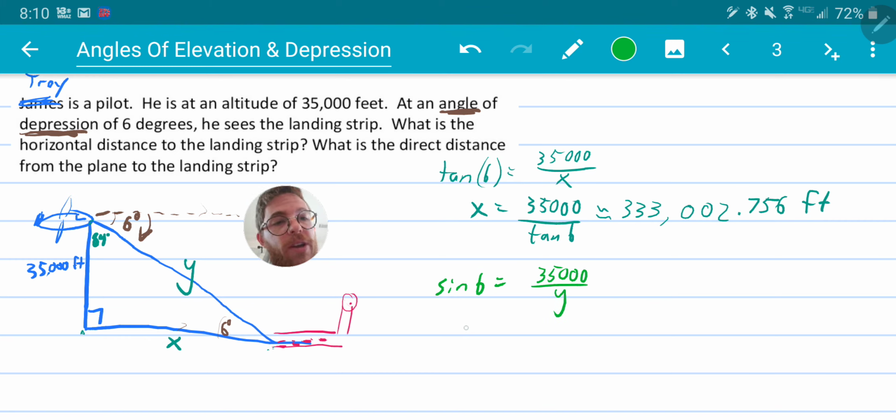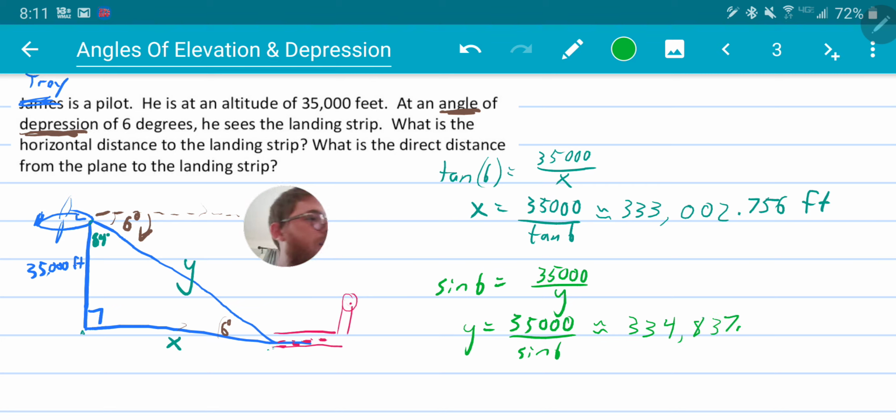Variable's down low, so we are going to switch. And this is 334,837.028 feet.